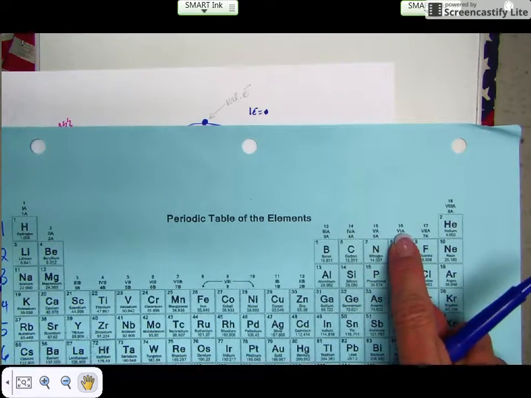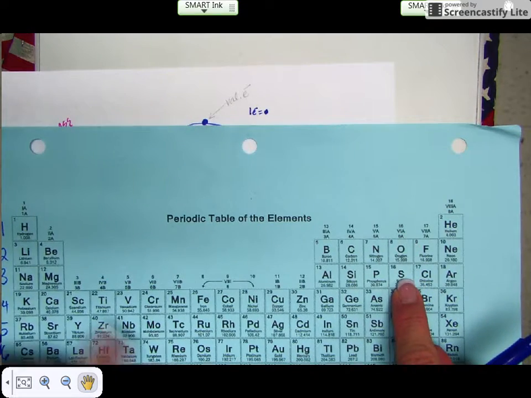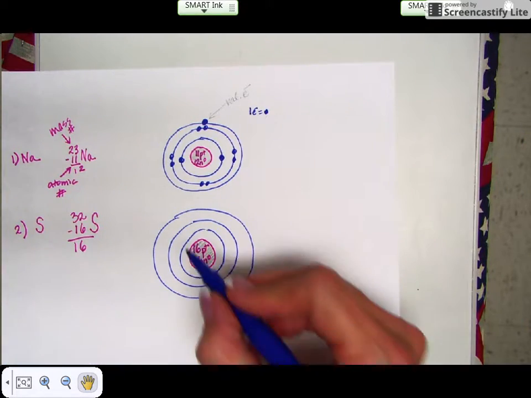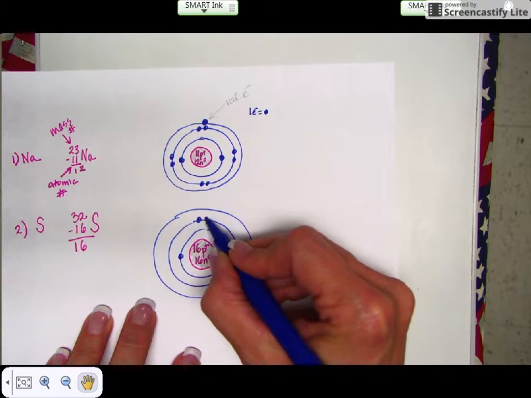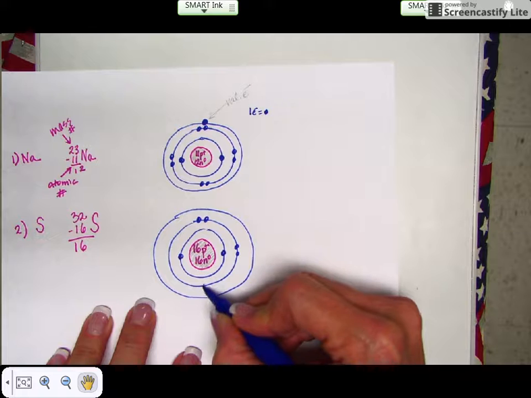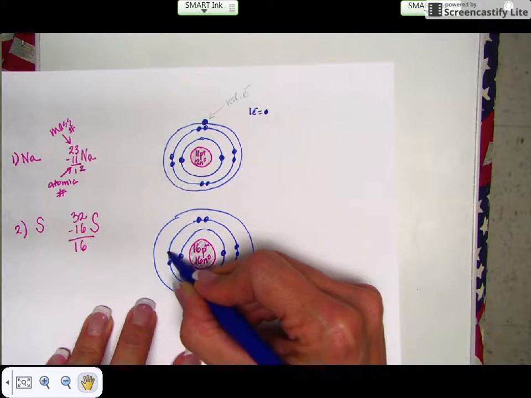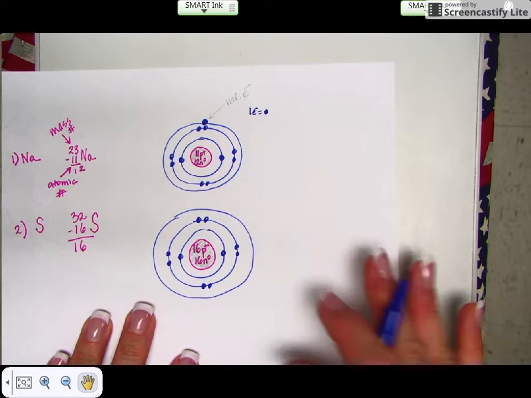He is in group 6A, which corresponds to what we learned today in class. So again, we're going to put 2 electrons in the first energy level, 2, 4, 6, 8 electrons in the second energy level.